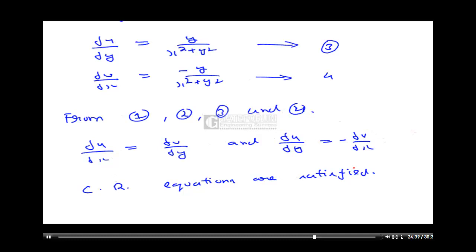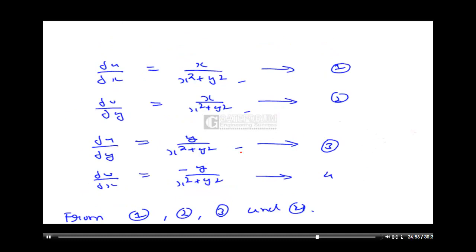Once this is satisfied, it means this is an analytic function. Now it is analytic except at the point z equal to 0. That means at z equal to 0, x equal to 0, y equal to 0, which will make these functions infinite, indeterminate.